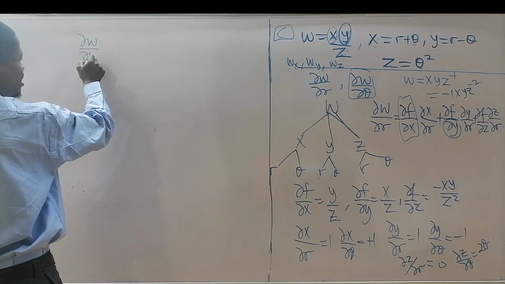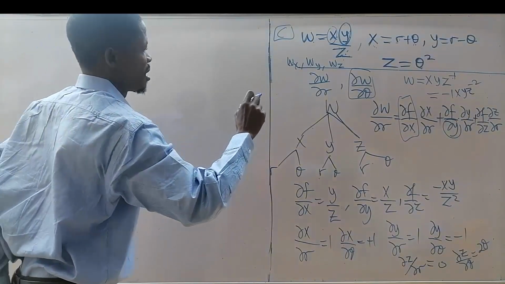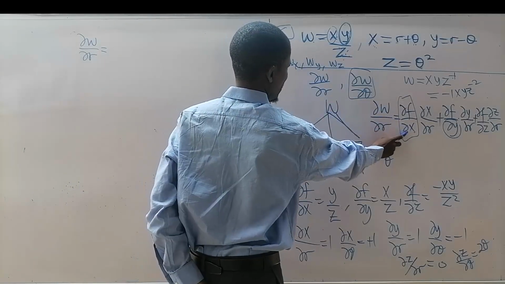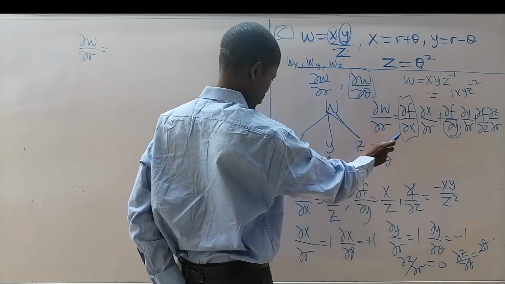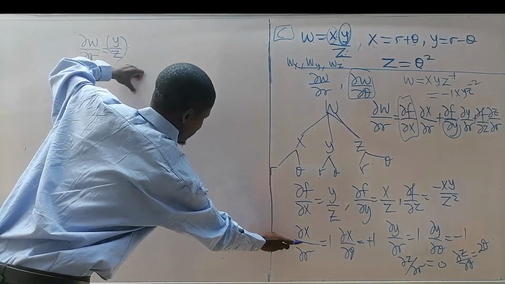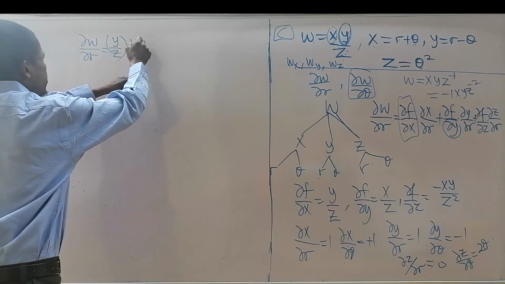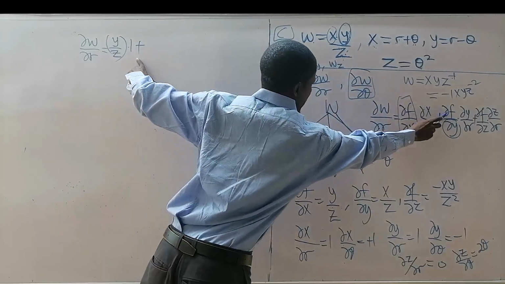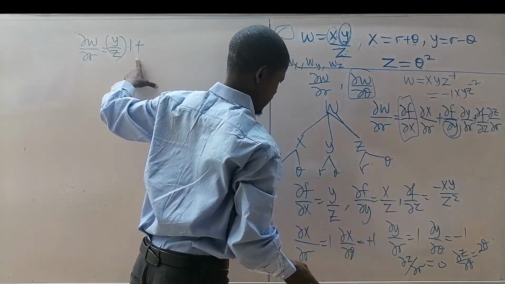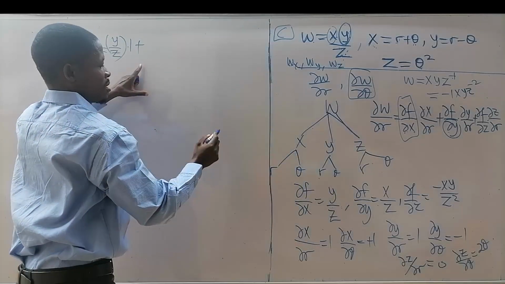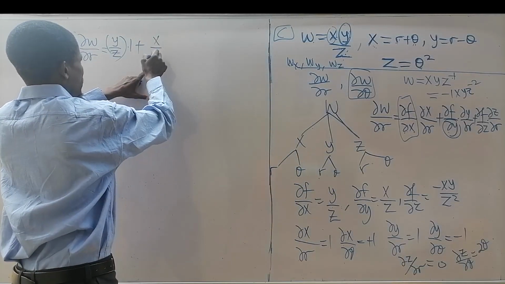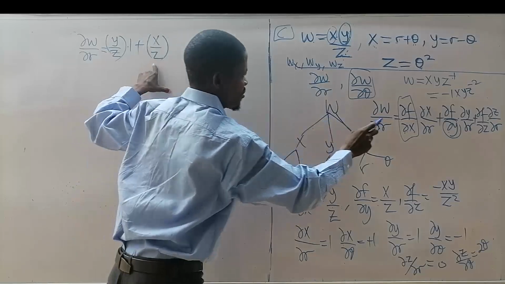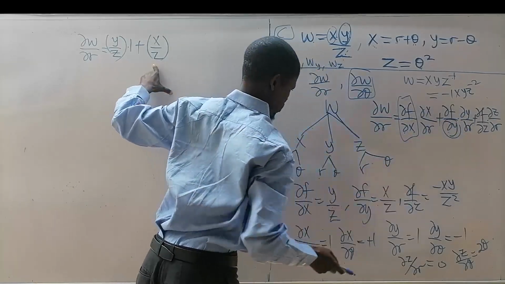Del W del r. This one, del f del x, then del x del r, that's 1, plus del f del y, which is this one, x over z, and then times del y del r.